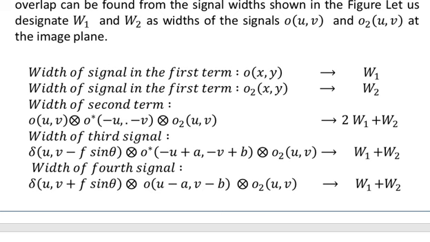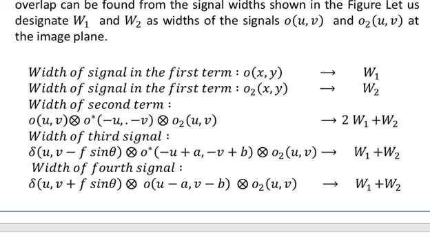These two terms are called cross correlation terms because we can convert them into correlation terms. So we should not say it is a convolution term, but we can say that the second term is the cross correlation term, where we have O convolved with O conjugate and then convolved with O2. So the width of O is W1.